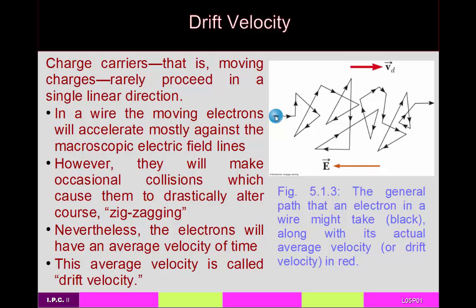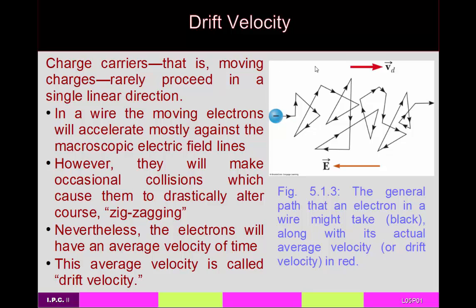And so the electron's actual path might look something like this zigzaggy black line, where it begins to move, it makes a collision, it bounces off, makes some collision, bounces, makes a collision, bounces. Each one of these changes is basically a collision that the particle is making.